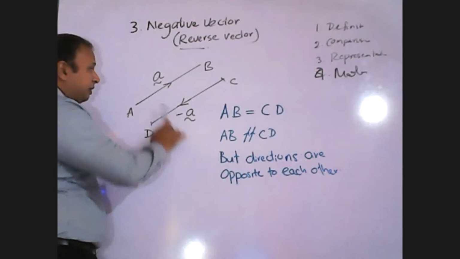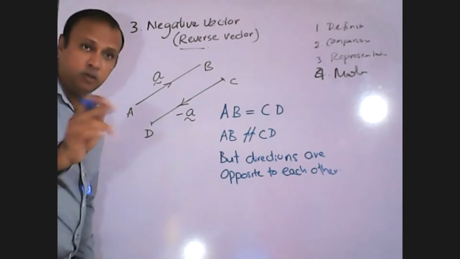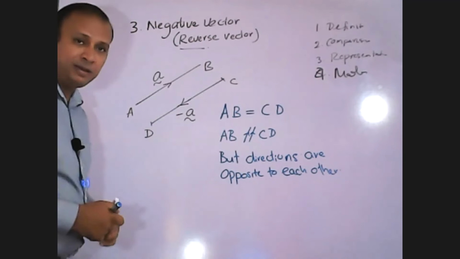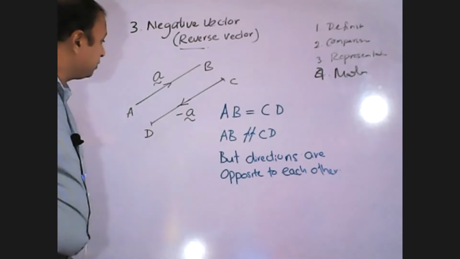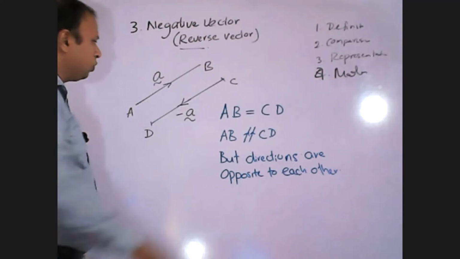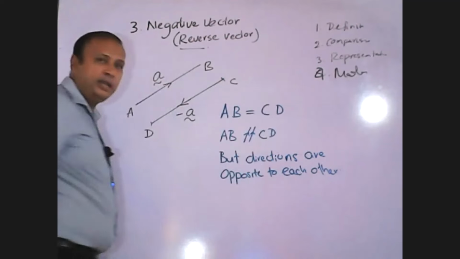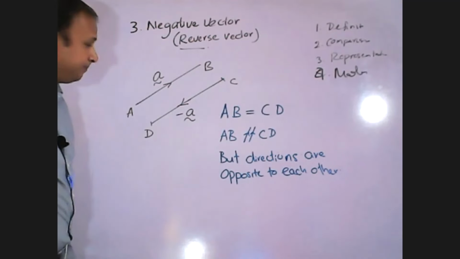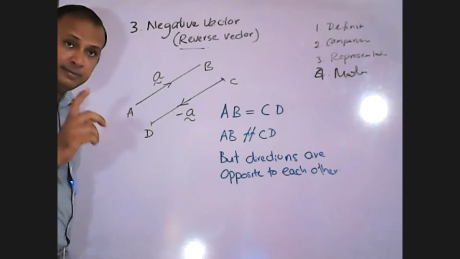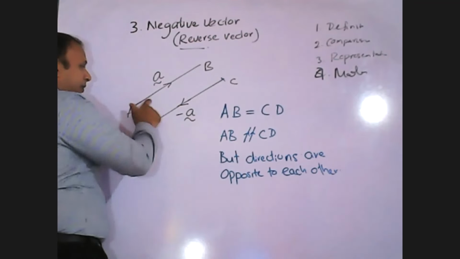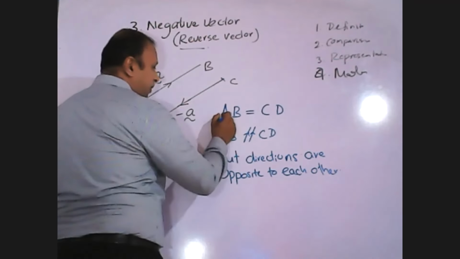So if it is a negative vector, the magnitude of the AB vector and the CD vector should be equal. The length of AB should be equal to the length of CD. That is a mandatory thing. Other thing is, both line segments should be parallel to each other.